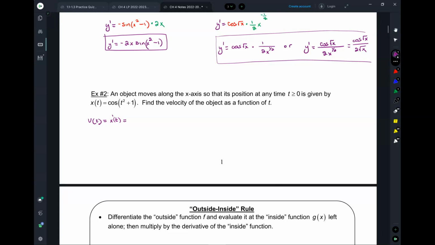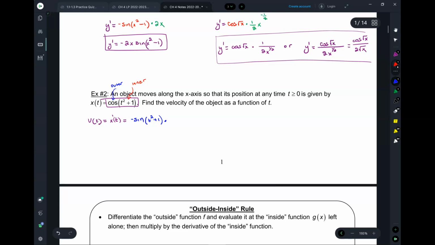Okay, this is equal to, so now we have to take a derivative of this. So look at what you have here. You've got an outer function, which is cosine, and then an inner function, which is that t squared plus 1. So we start with the outer function. The derivative of cosine is negative sine of what? T squared plus 1.